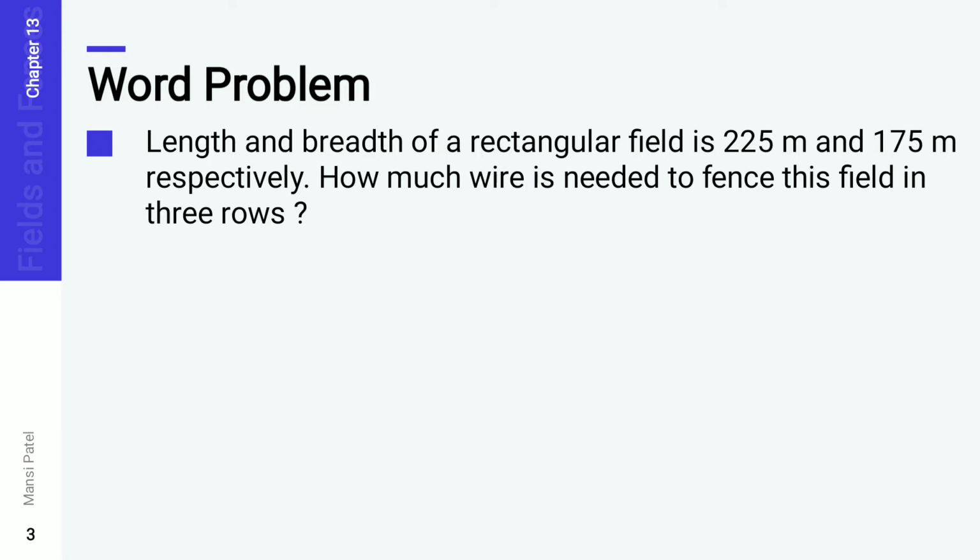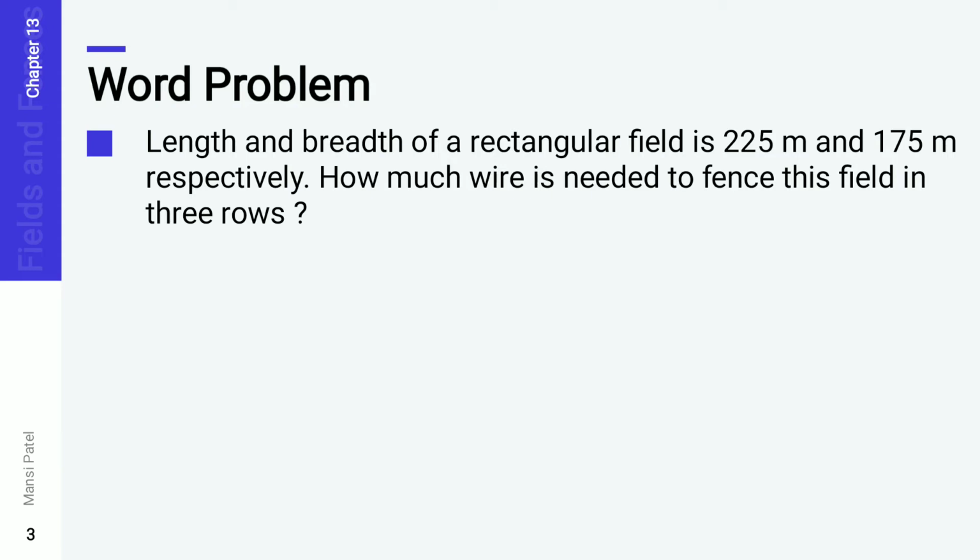Whenever they give length and breadth both, you have to find the perimeter of a rectangle. Whenever they give only one side, you have to find the perimeter of a square. But here they gave both length as well as breadth, that's why we have to find the perimeter of the rectangle.